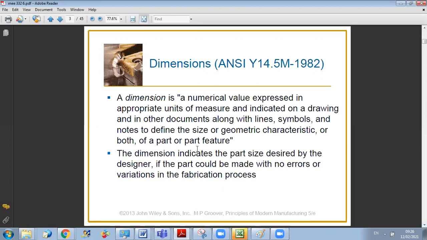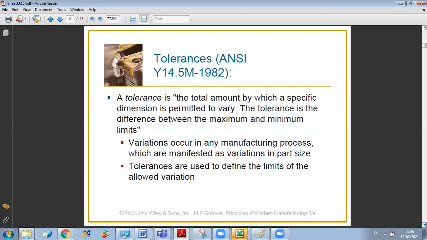Now, the dimension will indicate the part size desired by the designer, so it will not include errors, but as we said, tolerances will indicate the margin of error in the manufacturing process. So by definition, the tolerance is the total amount by which a specific dimension is permitted to vary. The tolerance is the difference between the maximum and minimum limits.